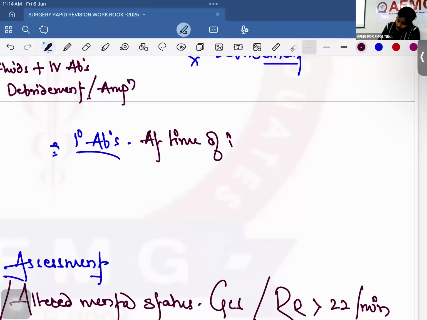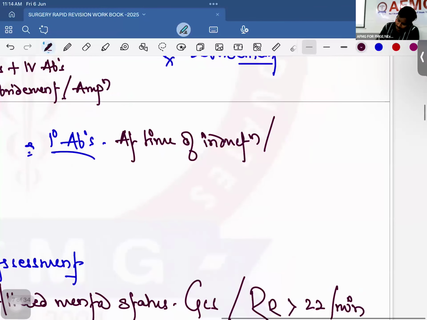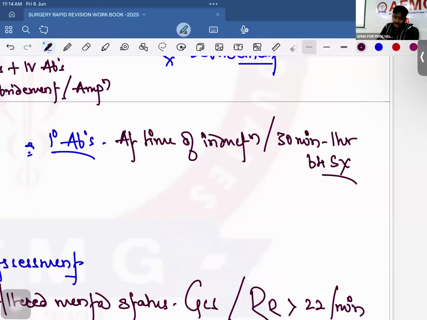So please remember, the best time to give prophylactic antibiotics before surgery is at the time of induction of anesthesia, beta. If that's not an option, then 30 minutes to 1 hour before the surgery, beta. Clear? So remember, prophylactic antibiotics are given either at the time of induction of anesthesia or 30 minutes to 1 hour prior to surgery.